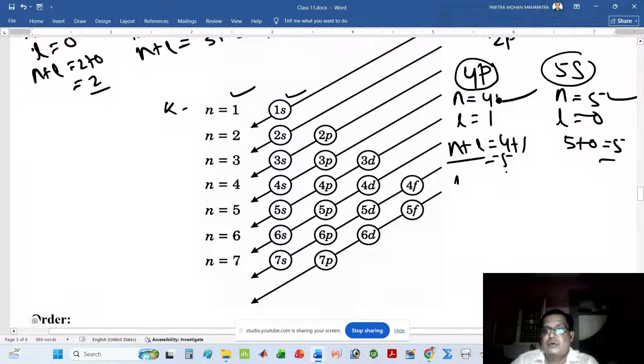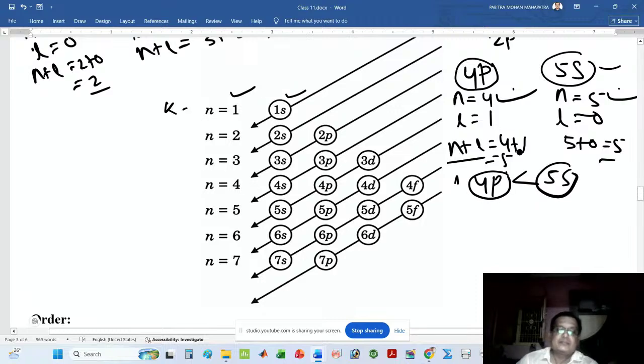So here 4 is smaller than 5. That means 4p has lower energy as compared to 5s. So 4p is filled before 5s.